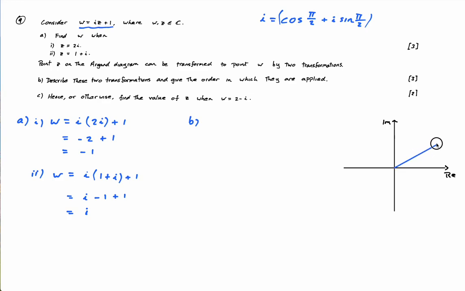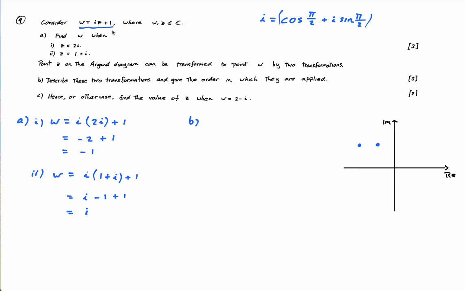So say it's here, we rotate it clockwise 90 degrees or pi over 2 radians. That's what that does. And then the plus 1, well, if we have a point here and you add 1, the 1 is the real part, so you're literally just adding 1, moving it over to here. So it's just a horizontal translation of plus 1.